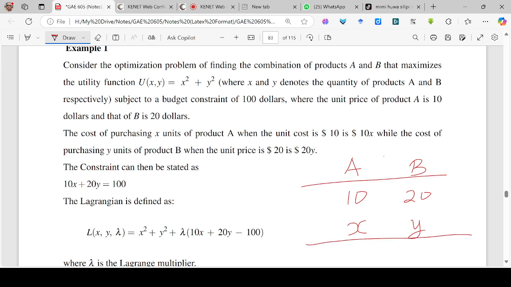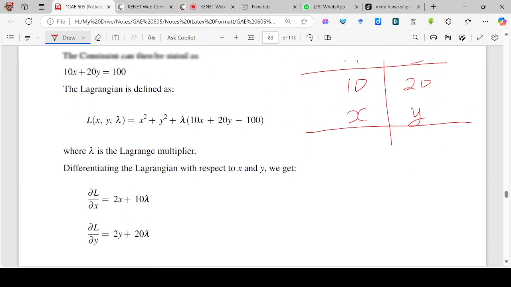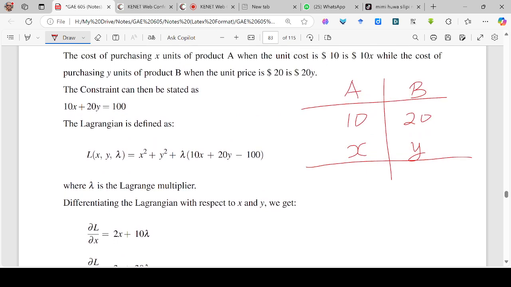then the total cost of purchasing x units of A will be 10x, and the total cost of purchasing y units of B will be 20 times y. So when you purchase x units of A and y units of B, the total cost incurred would be 10x plus 20y.